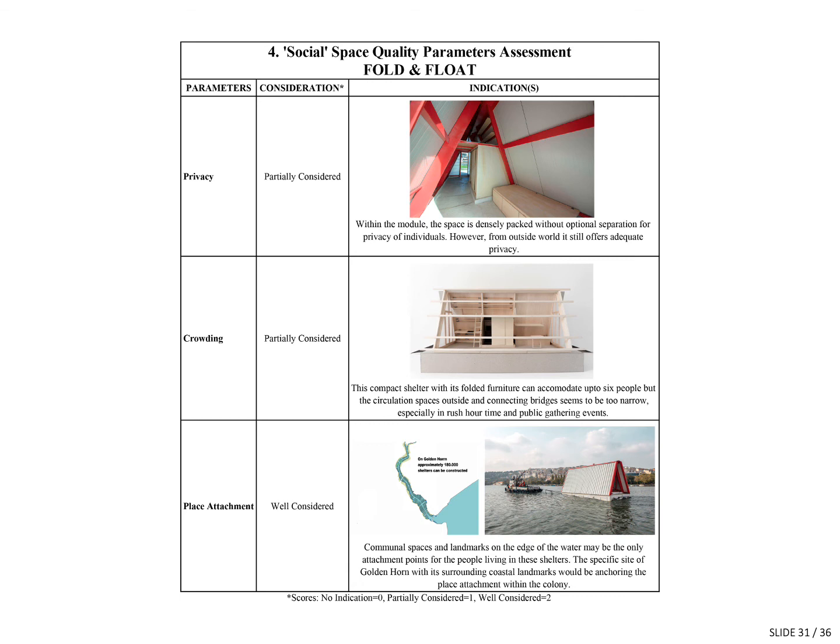Place attachment is well considered because of the choice of the site. The specific site of Golden Horn with its surrounding coastal landmarks would be anchoring the place and attaching a positive emotional viewpoint of the individuals living in or around the shelter.